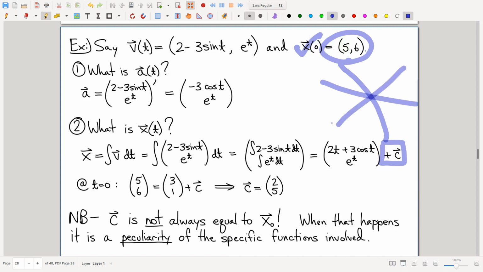The reason that students have fallen for this is because in a lot of high school contexts, the only functions they're ever talking about are polynomials, and there's this little quirk of how when you take an antiderivative of a polynomial, there's always a factor of t, and you plug in t equals 0, and that term just disappears every single time when you're talking about polynomials. So there is the illusion then that the integration constant is always the initial value.